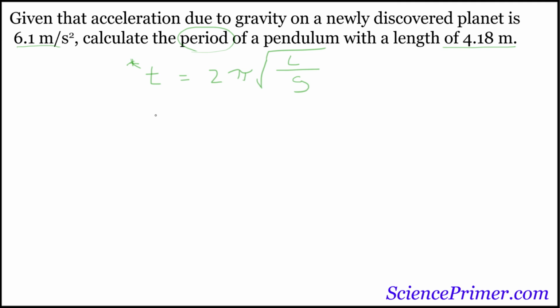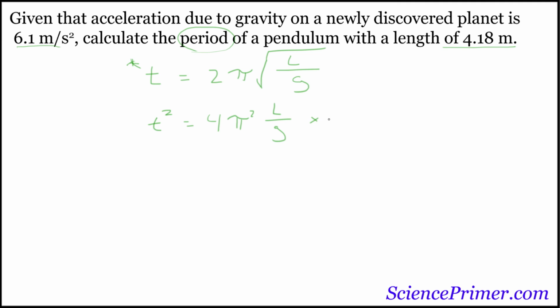The first step in doing that, because the gravity is in this square root, is to square both sides of the equation. So time gets squared, 2 gets squared becomes 4, pi gets squared. Since these are both having the square root taken of them in the original equation, the square root symbol just goes away and you end up with length and gravity.